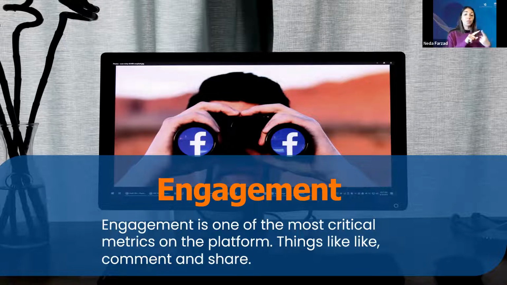When someone likes it, it gets a score. If someone likes it and makes a comment, it gets another score. If someone likes it, makes a comment, tags someone, and shares it, for Facebook this is the most critical thing. It means this is amazing content.